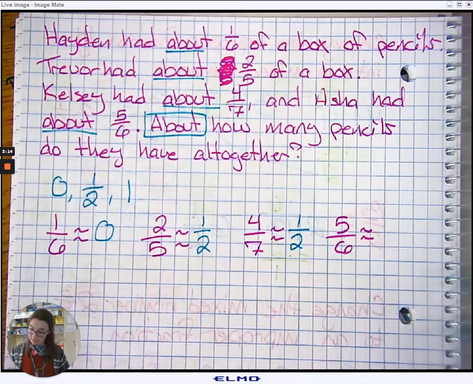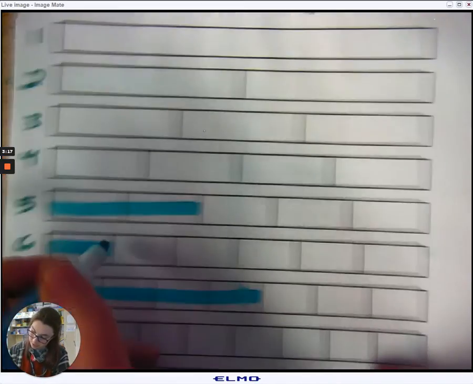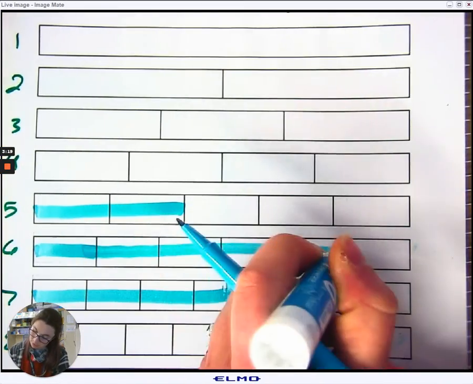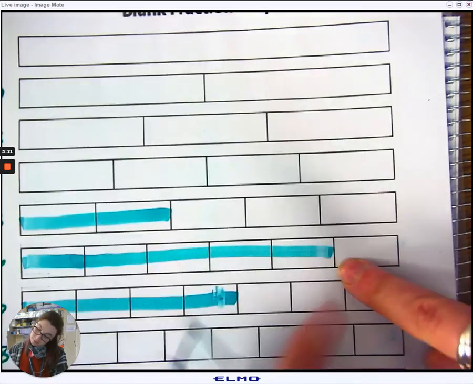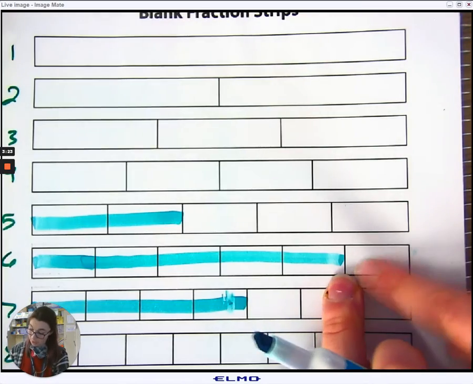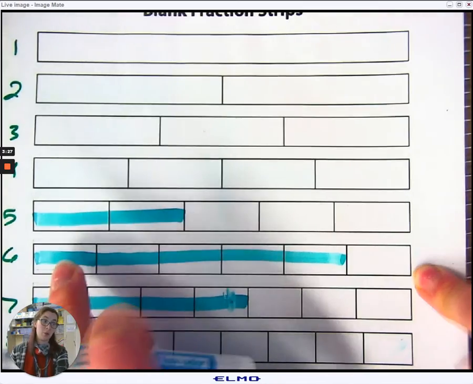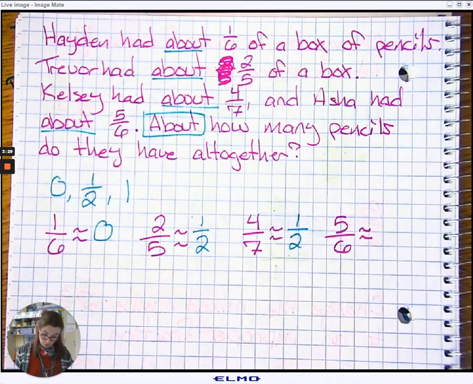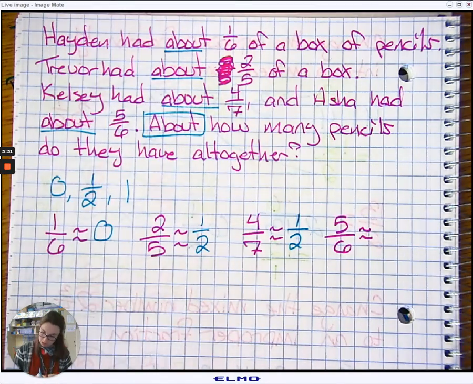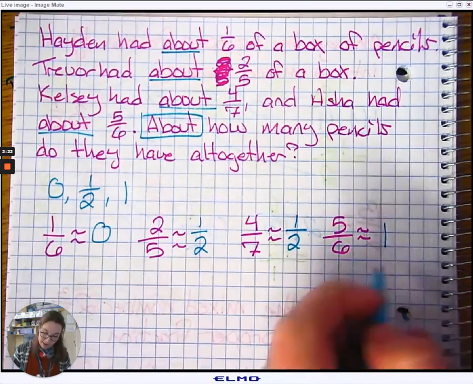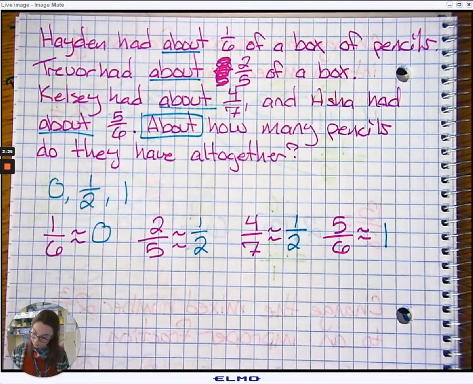And 5/6. So I'm just going to fill in the rest of this one here. 5/6 is not closer to 1/2 than it is to 1, and it's definitely not closest to 0. So I'm going to say that one is closest to 1. Now, I add these together.